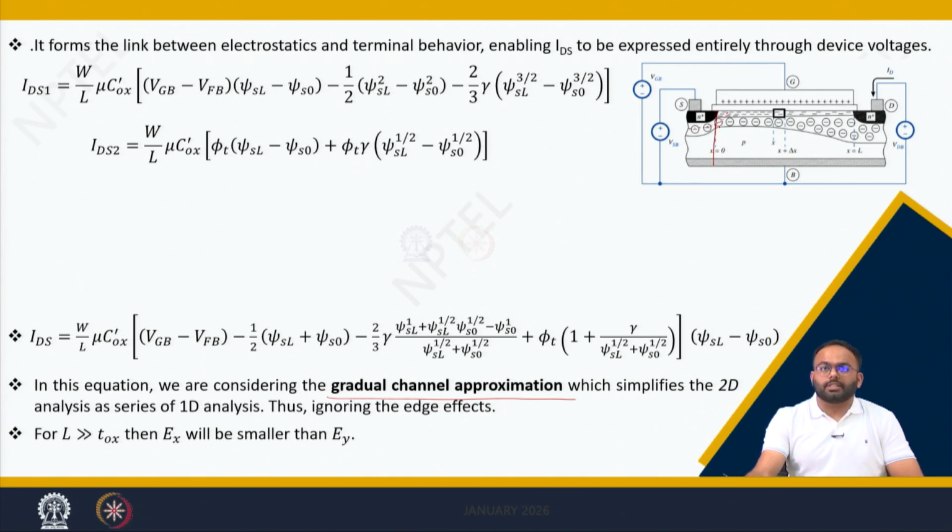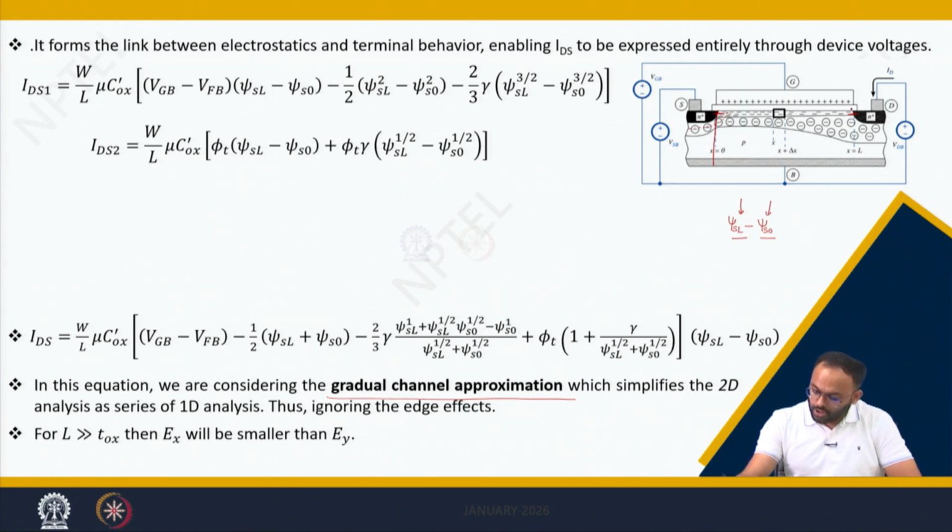So, to ignore the edge effect, we can simply say whatever be the effects coming here and what are the effects coming here, if we want to ignore, can we rewrite the surface potential in terms of psi SL and psi S0? So, this surface potential carries some edge effect. Similarly, this surface potential carries some edge effect.